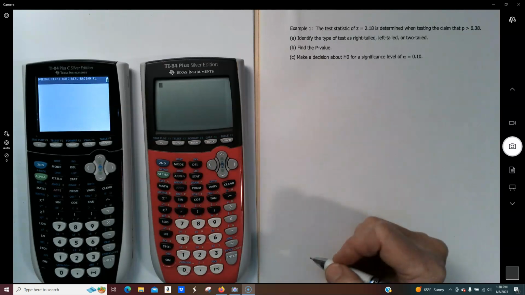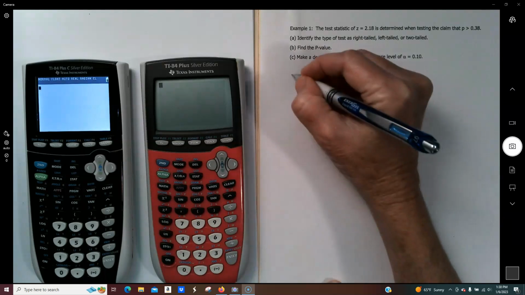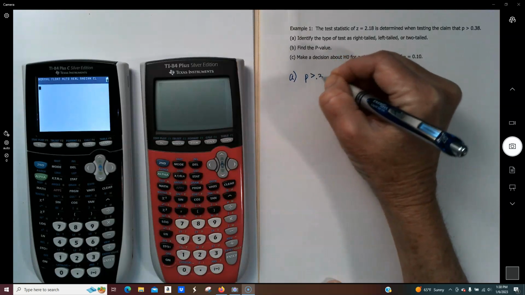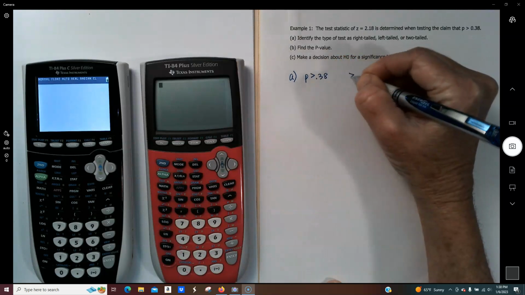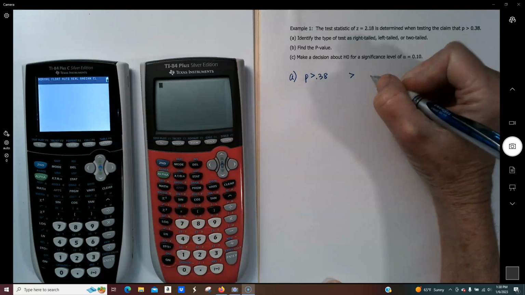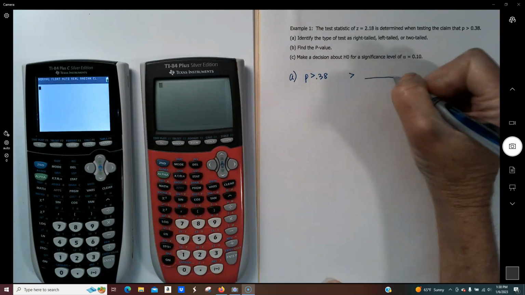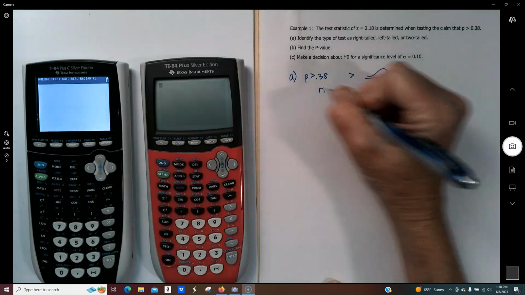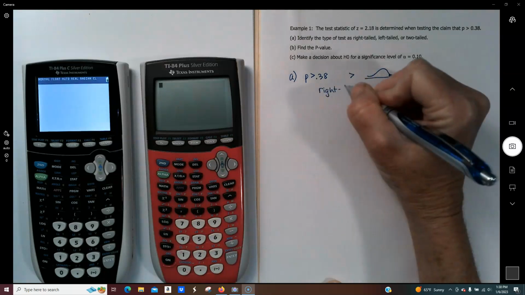Step A is to identify the test as right-tailed, left-tailed, or two-tailed. The greater than symbol points to the right and is always the case of the right-tailed test. So that's the situation we have here.